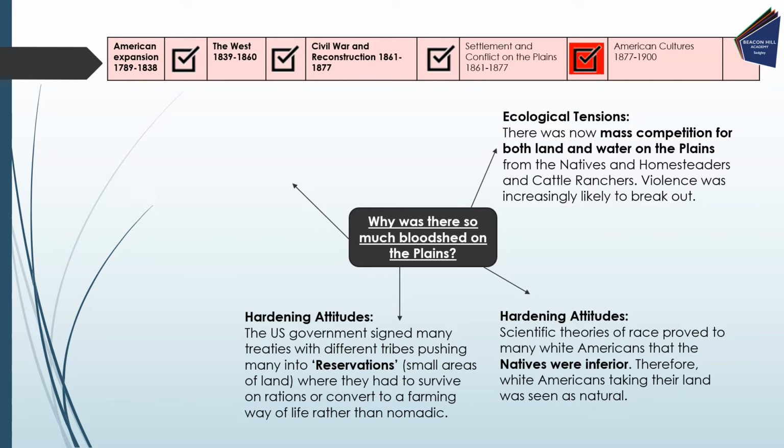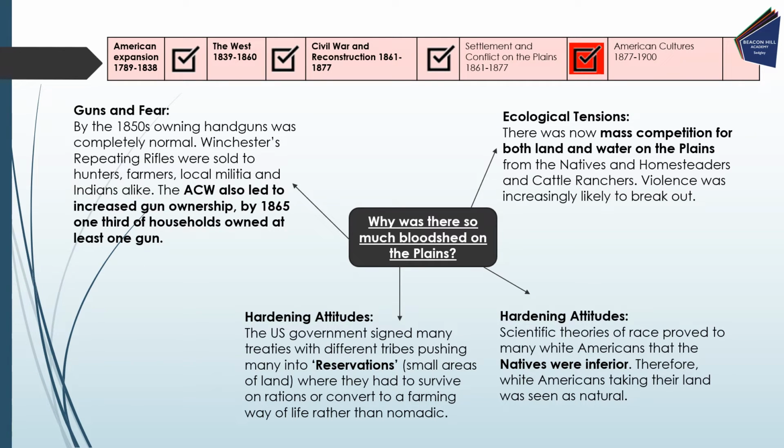And finally, guns and fear. By the 1850s, owning handguns was completely normal. For those of us going for 7s, 8s and 9s in the exam, a real specific that we could refer to is Winchester's repeating rifles. These were sold to hunters, farmers, local militia and natives alike. The company weren't bothered who they were selling the guns to, it was just enabling them to make as much money as possible.